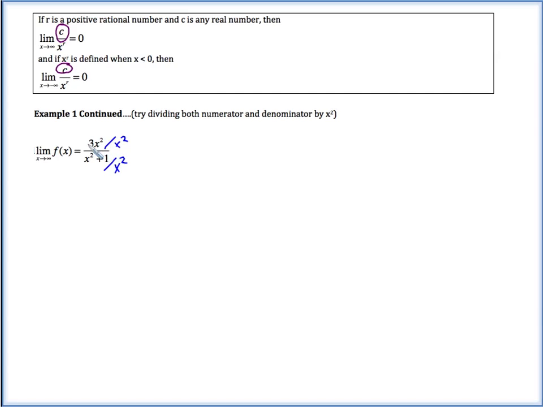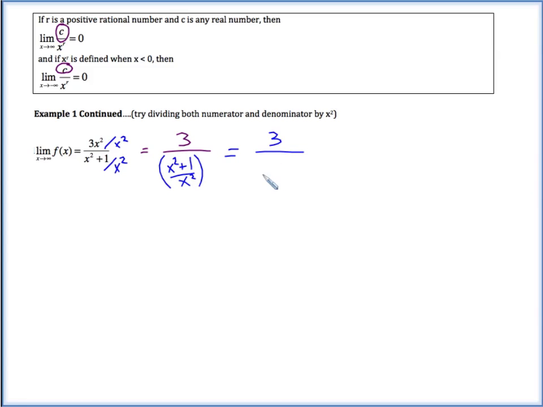Okay, so if we divide 3x squared by x squared, we do get a constant of 3 in the numerator. And that's what we were trying to do. Now on the bottom, we're still going to have x squared plus 1 over x squared. And so we're going to have to do a little simplification work on this right here.